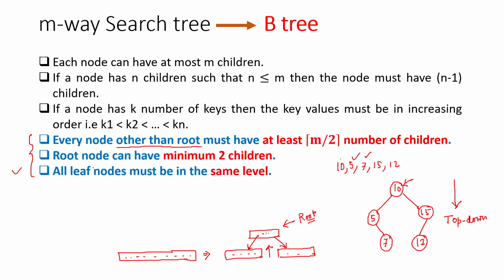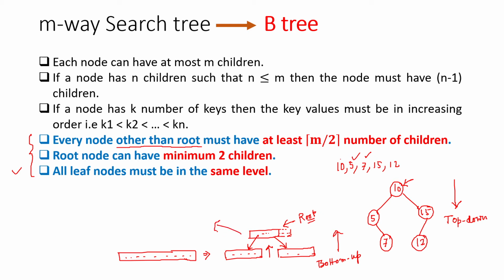And one more thing we have seen, that this approach of evolving the tree is from leaf to root. So this is what we call the bottom up approach. And here it doesn't end. It may happen that the root has also crossed the limit. So what will happen in that case?